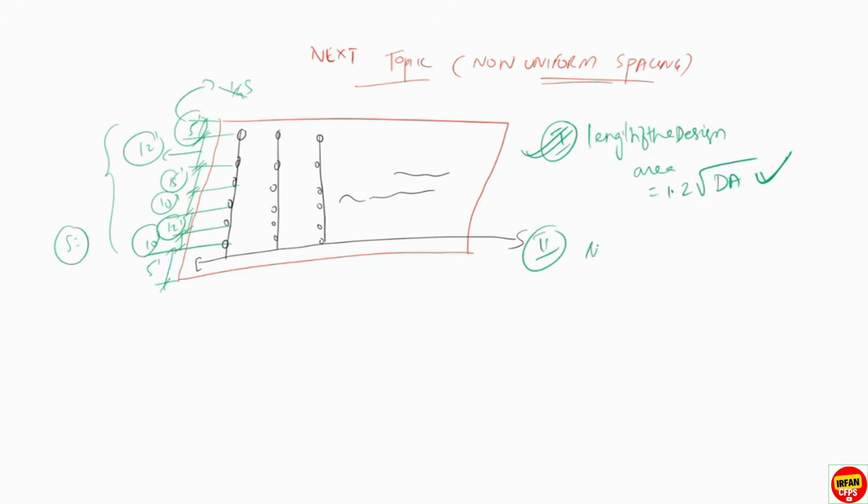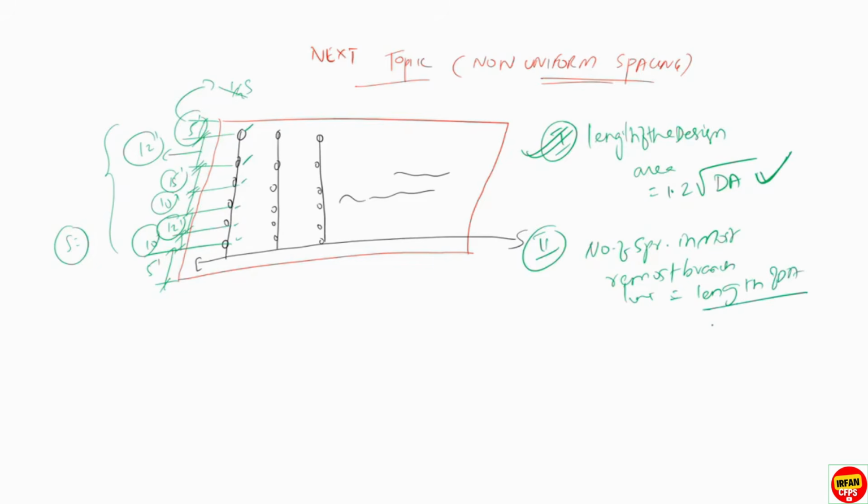But the second step, the number of sprinklers in the most remote branch line, or the third step, whatever you call it, the formula which we discussed for number of sprinklers, how many to be considered? This is the formula we consider for uniform spacing, right?